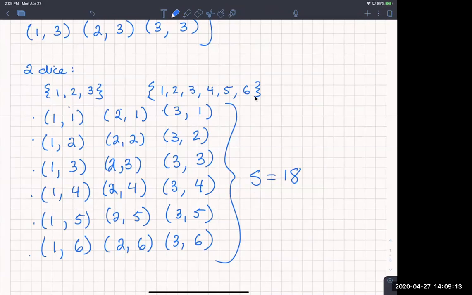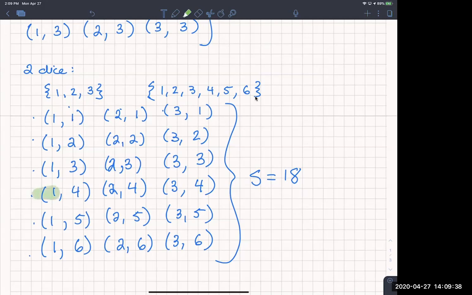What is the probability of me getting, if I take these two dice and roll them, two numbers that add up to 5? Okay. Two numbers that add up to 5. What would be the probability of that? Well, the way we do that is say, okay, how many of these combinations add up to give me 5?